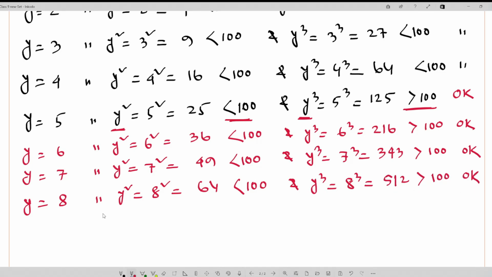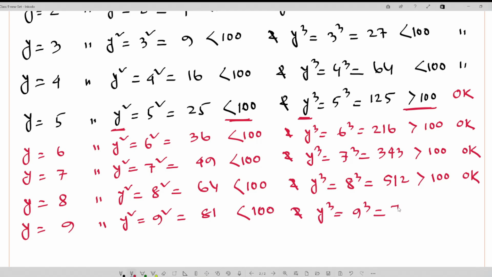It's also okay. y equals 9: 9 squared is 81, less than 100, and 9 cubed is 729, greater than 100. The condition is also okay.